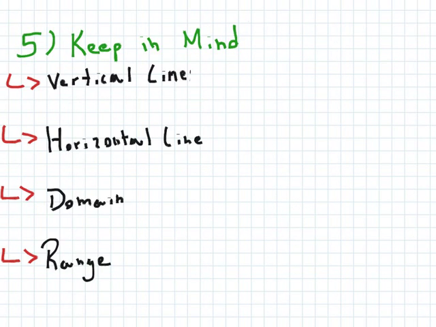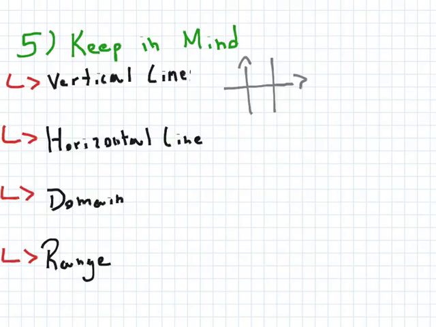Okay, some important information to keep in mind is that every time we have a vertical line, it is not a function, because to be a function, we need one output for each input. Over here, as an example, you can see that if you have this one, this would not be true, so it's not a function.